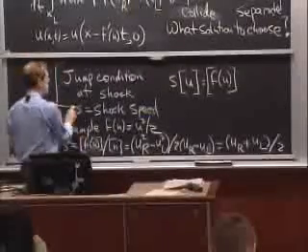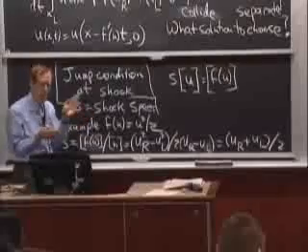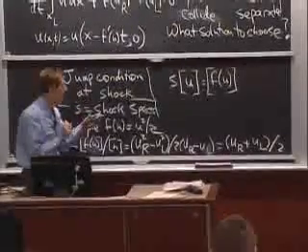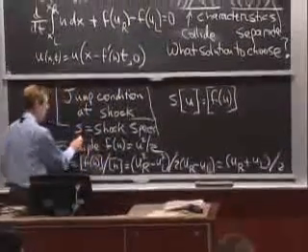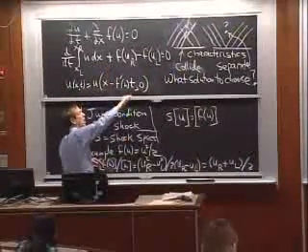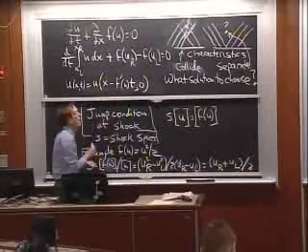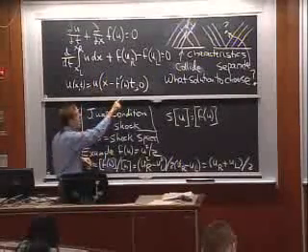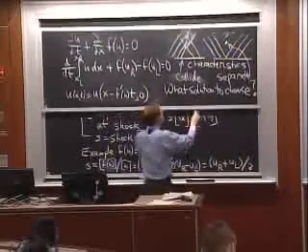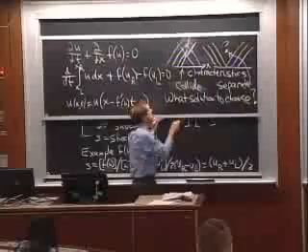I'm looking for this jump condition at the shock, which is going to locate the shock. And the key quantity that I have to find is the shock speed, which will tell me where that shock is going, how it's moving up in time. So time is going that way, x is going this way in this picture. So this has a speed s of t.